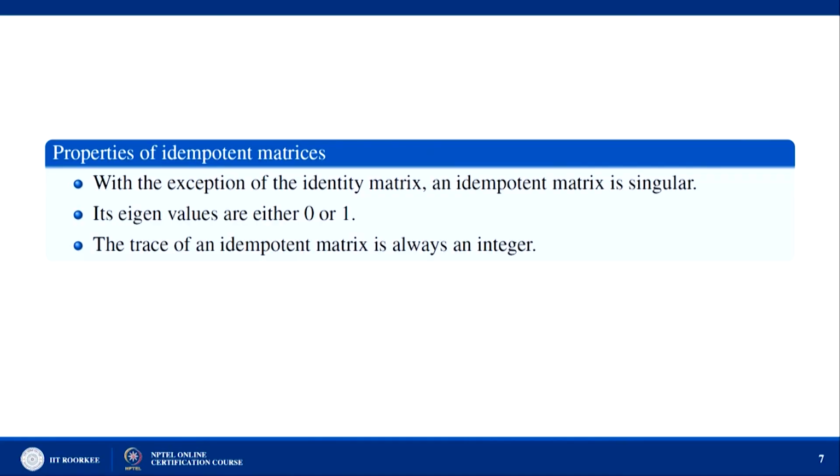Now, what are the properties of idempotent matrices? The first property is, with the exception of the identity matrix, an idempotent matrix is singular. The identity matrix is idempotent, since I squared is equal to I. But suppose A is not equal to I, and A is non-singular.